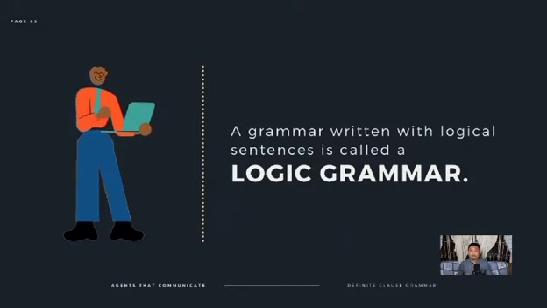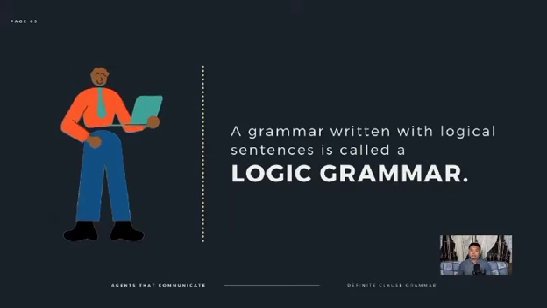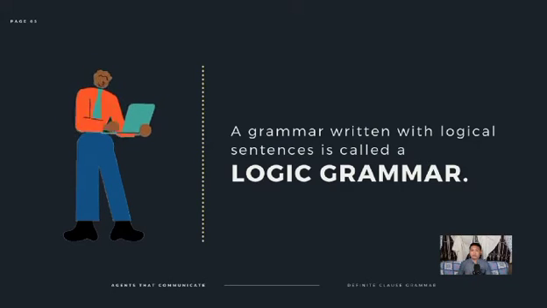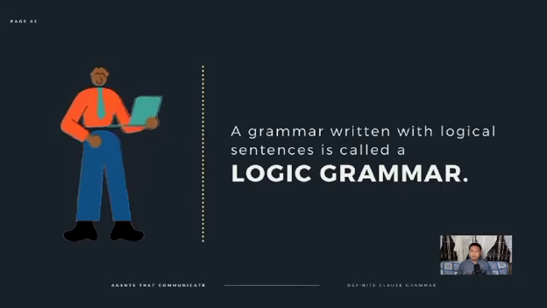A grammar written with logical sentences is called a logic grammar. Since unrestricted logical inference is computationally expensive, most logic grammars insist on a restricted format. The most common is the definite clause grammar, or the DCG, in which every sentence must be a definite clause.